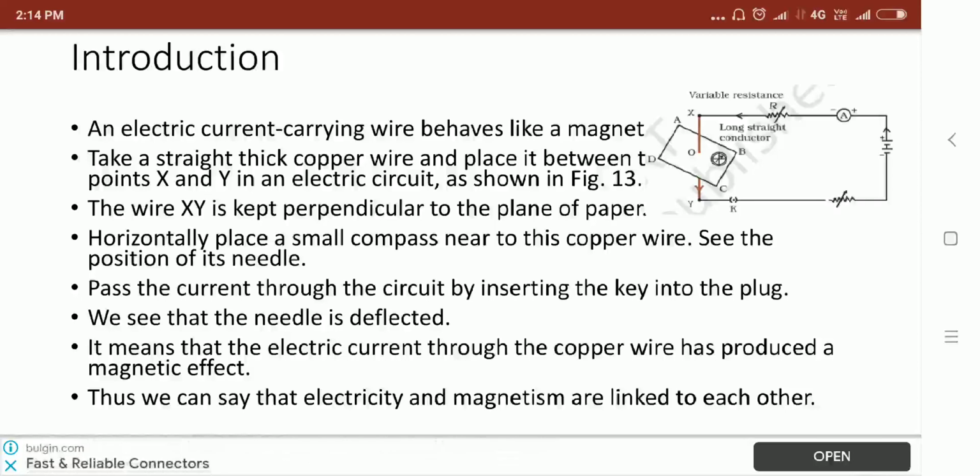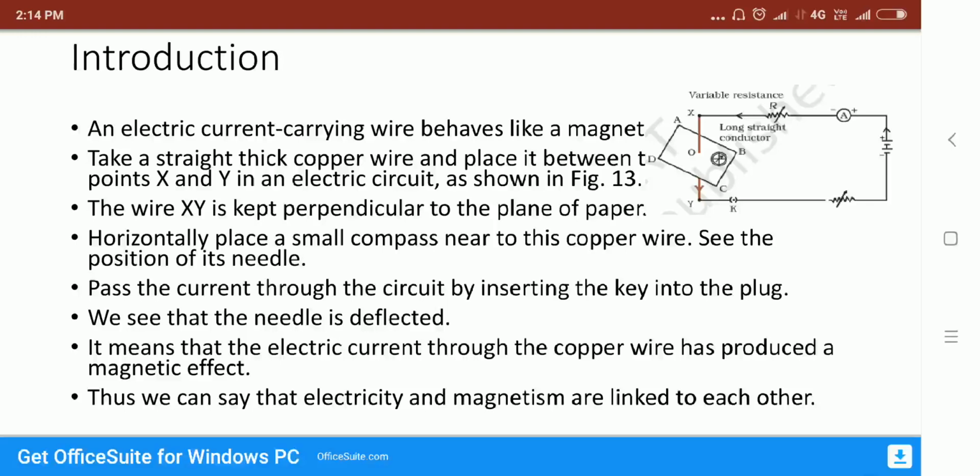From the north pole, magnetic field lines start, and at the south pole they end. The region around the magnet where its effect is present is known as a magnetic field. Around this magnet, the magnetic field is present with some pattern. That pattern is known as magnetic field lines.